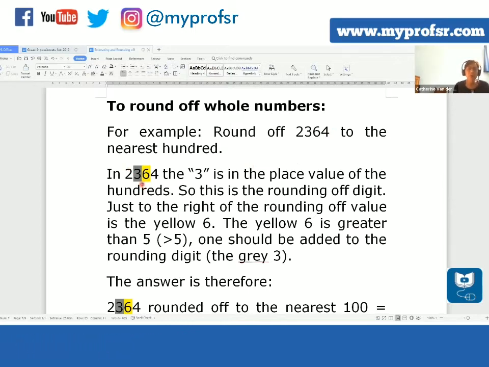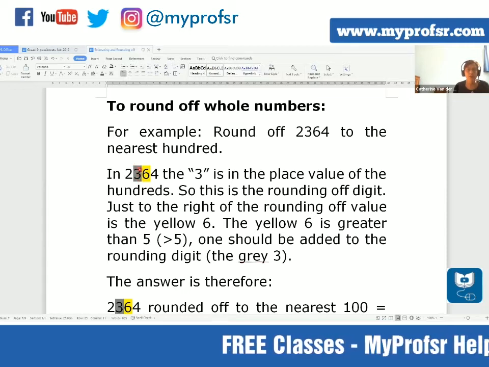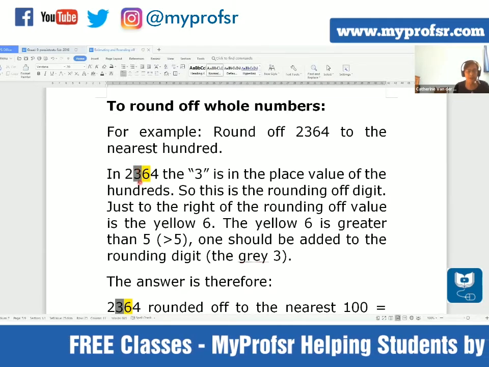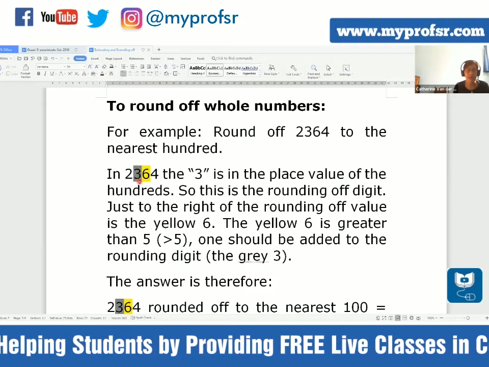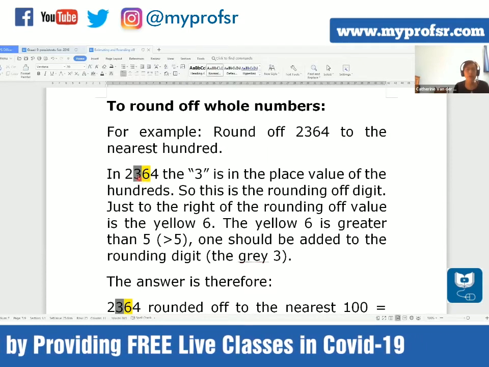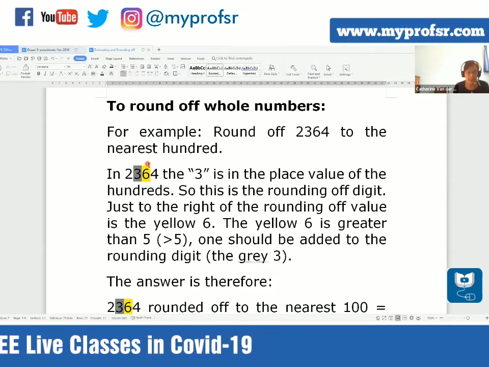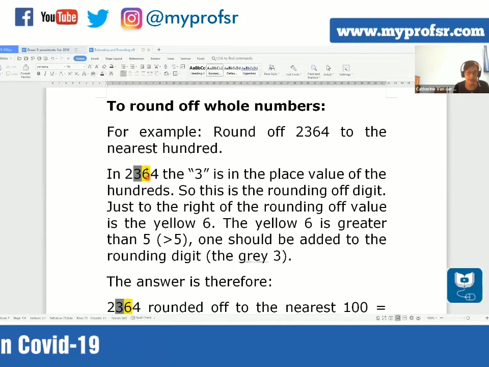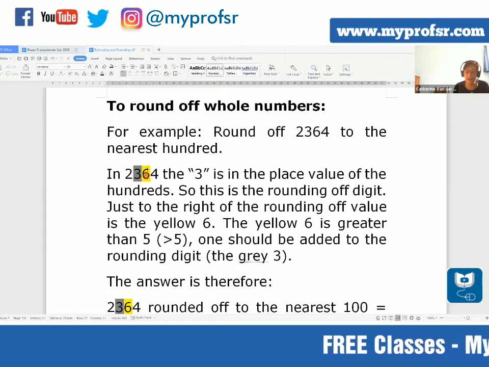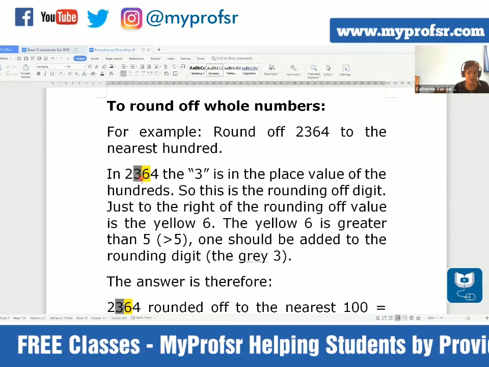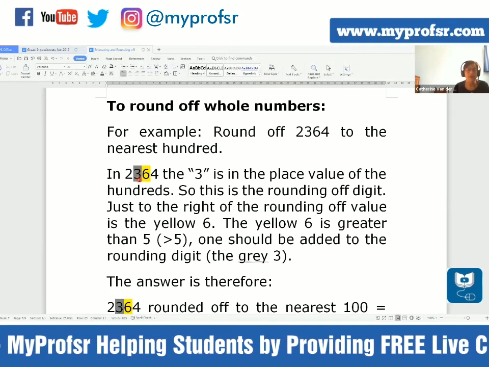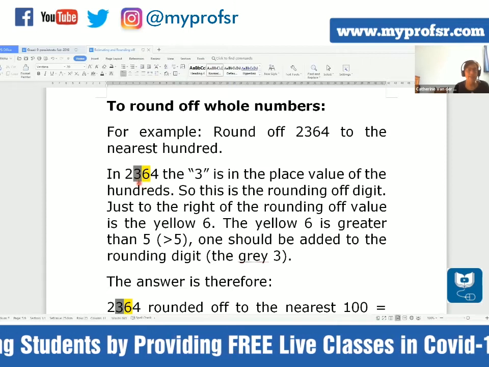So we have to work with the 3 because we have to round off to the nearest 100. And 3 is the place value of the hundreds. We're going to look at the yellow 6. This yellow 6 will guide us to whether we're going to increase this 3 with 1 or whether we're going to leave it exactly like it is.